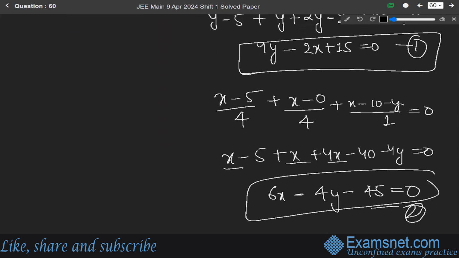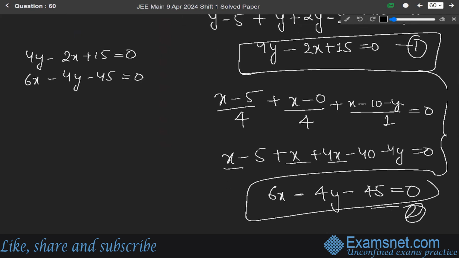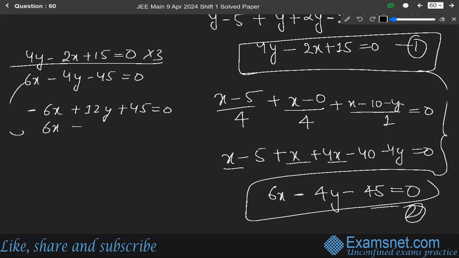Okay, just use these two equations and simplify them. 4Y minus 2X plus 15 equals 0. 6X minus 4Y minus 45 equals 0. So multiply the first equation with 3. It will be minus 6X plus 12Y plus 45 is equal to 0 and this will be 6X minus 4Y minus 45 is equal to 0.